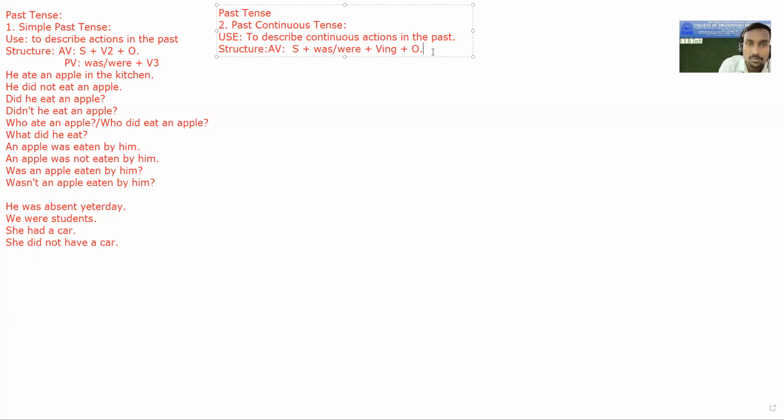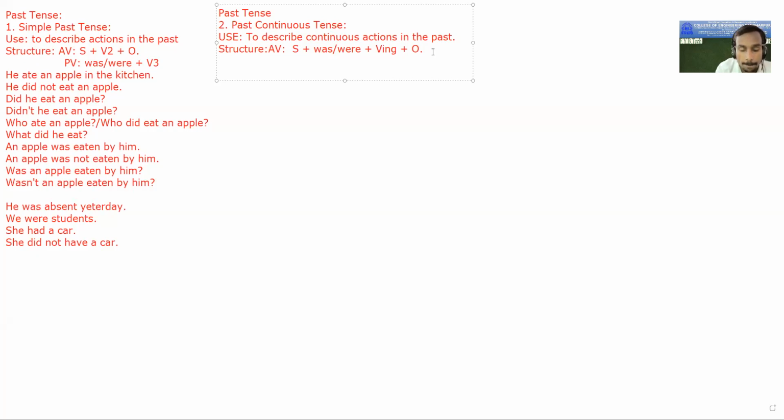Now discuss examples here of active voice. Tell me examples here. Yes, Vaishnavi, that's right. She was driving the car.